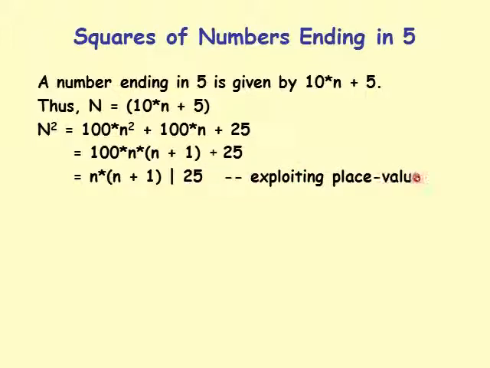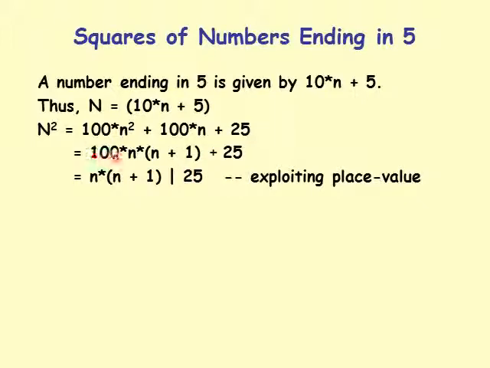We are trying to exploit the place value system here, because we shift the left part by 2 places to the left, which is multiplying by 100. So on the left I get n times (n plus 1), and then 25 on the right. That is the correct answer: 100 times n times (n plus 1) plus 25, and 25 has 2 digits.